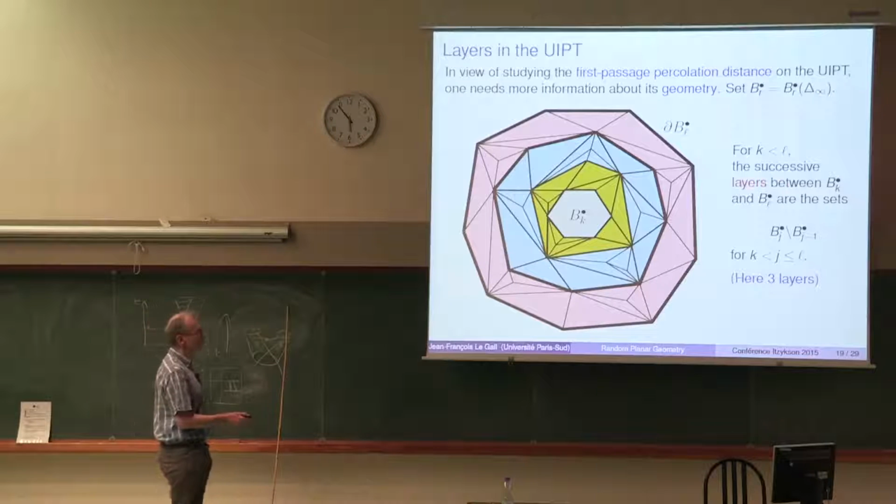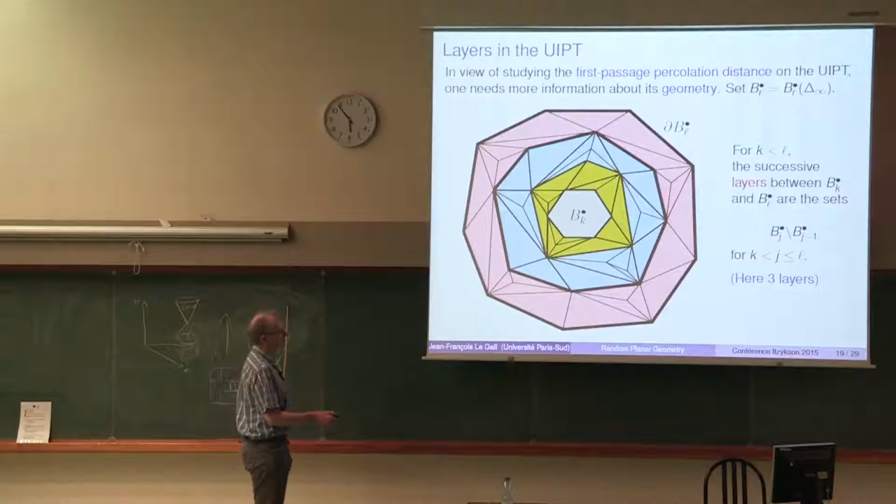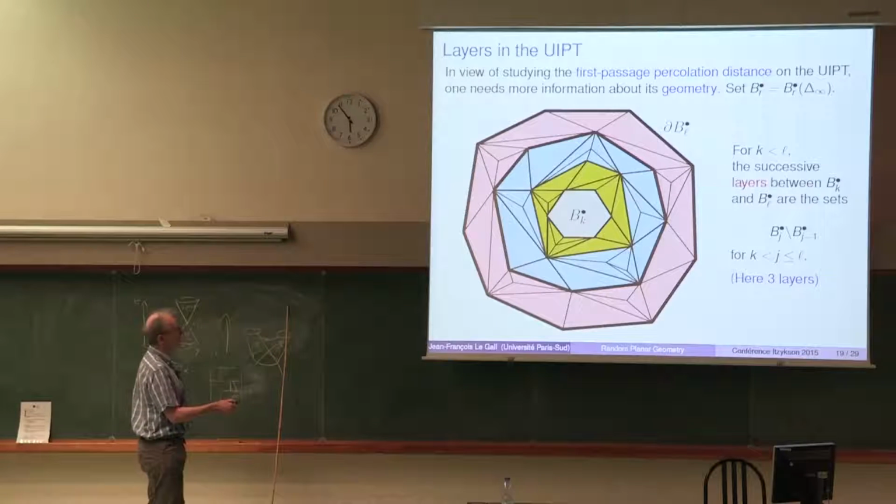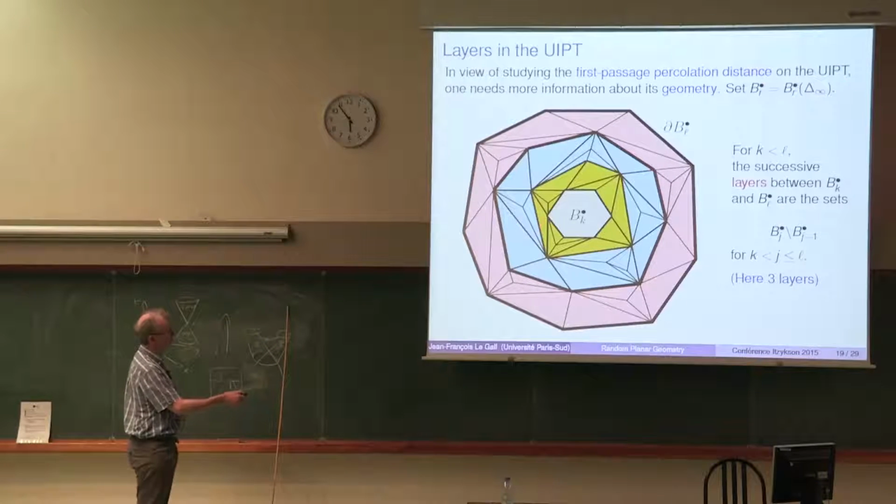So what I call the layers are just all the sets, well, hull of radius j minus hull of radius j minus 1 for all j between k and L. Okay? So here I have a pink layer, blue, yellow, yellow, yellow. Okay? 3 layers.